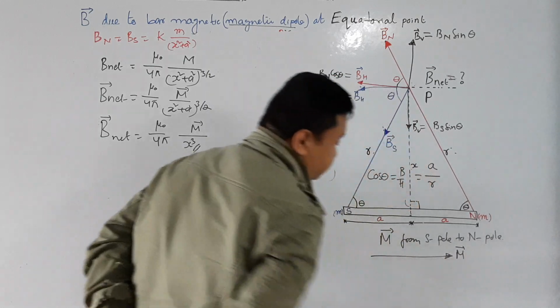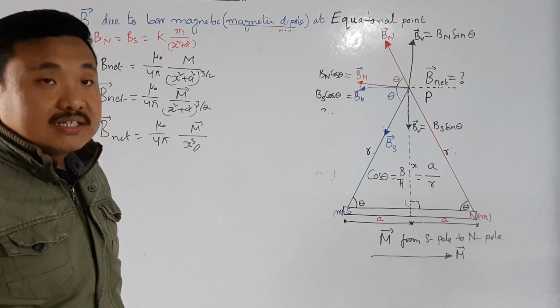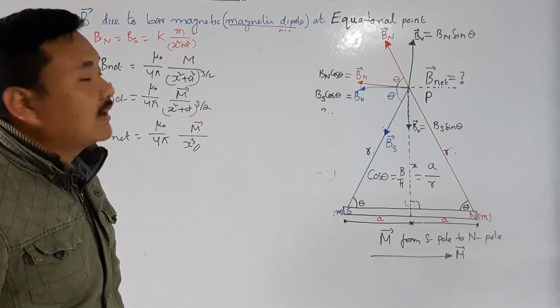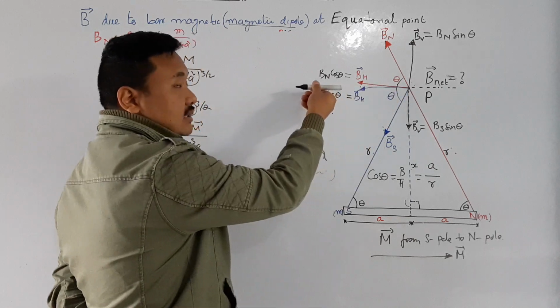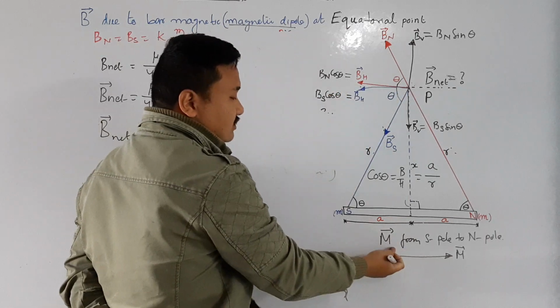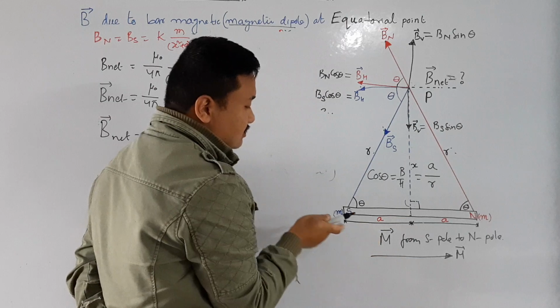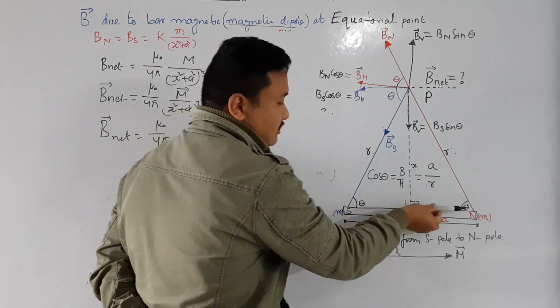Now, what is the direction of the net magnetic field? The net magnetic field is coming in this side, which is opposite to the direction of the magnetic moment, because the magnetic moment is in this direction.